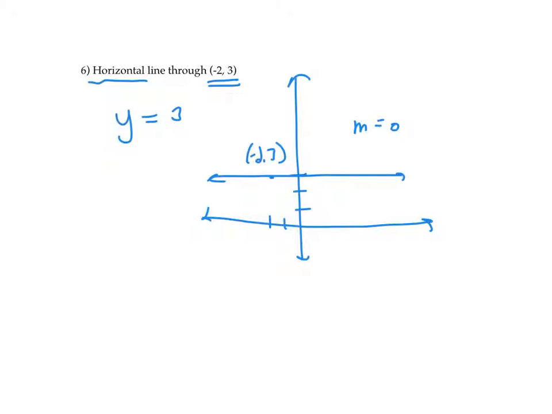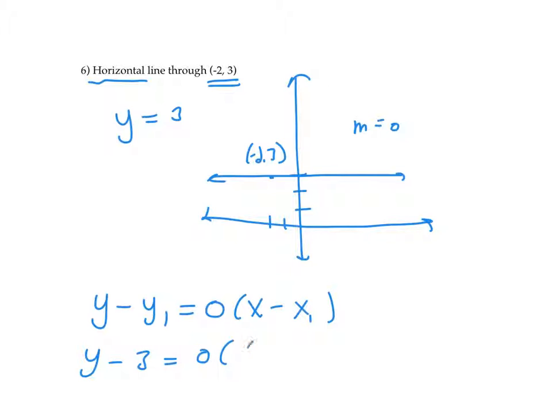So imagine this. If I have y minus y1 equals 0 times x minus x1. Watch what happens when I plug in our point. We have y minus 3 equals 0 times x minus a -2. It doesn't really matter that that turns to +2 because 0 times anything is 0. So we have y minus 3 equals 0, which just simply would mean that y is equal to 3.